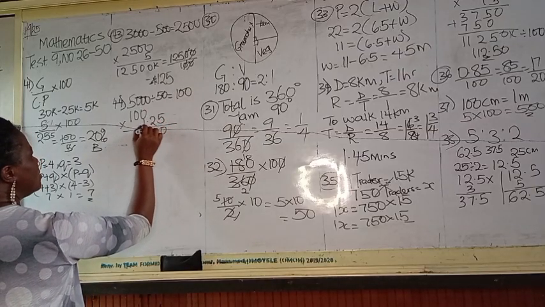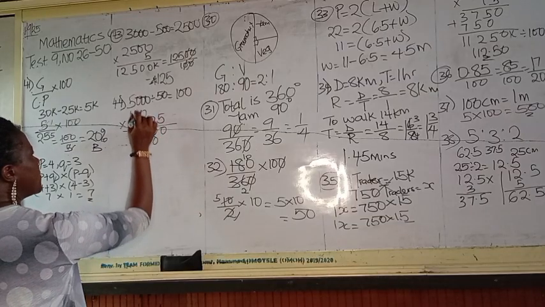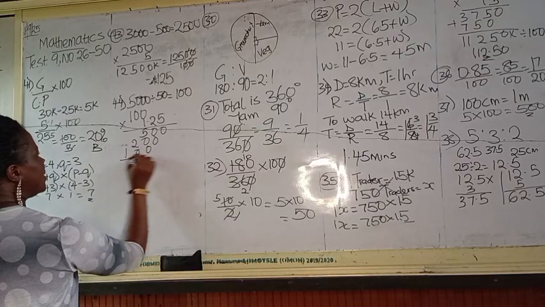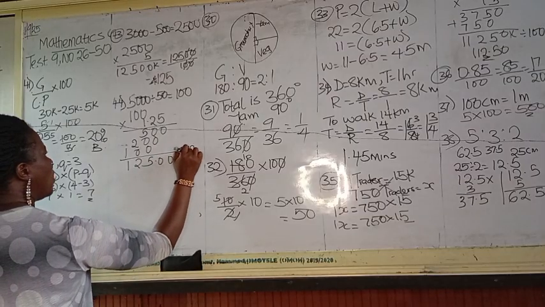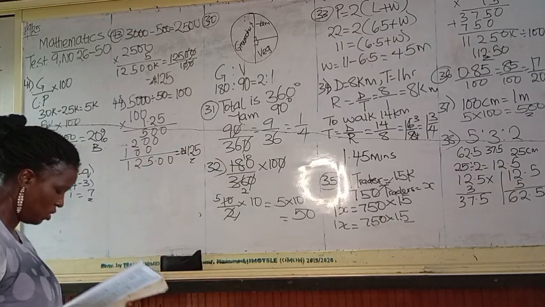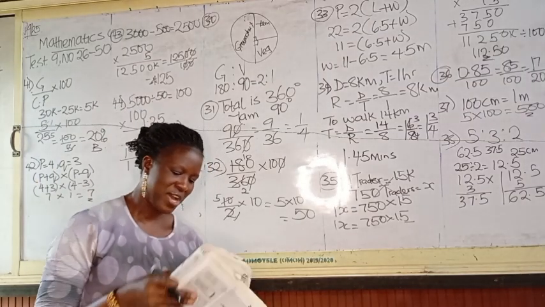So the man is going to pay 125 naira on insuring the car valued at 5,000.